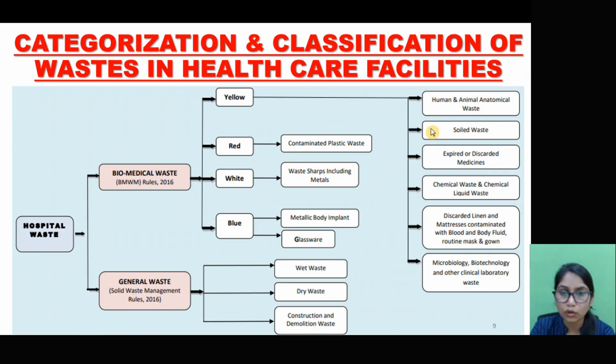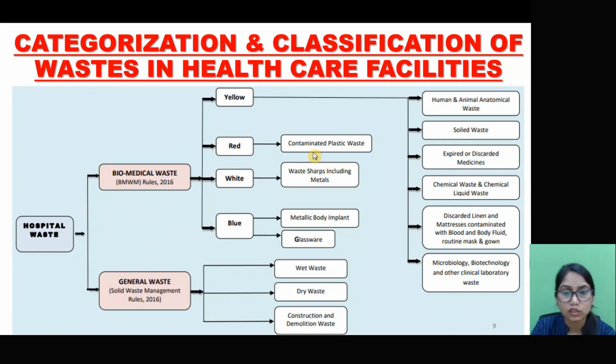Now, in the yellow box, human anatomical waste will be coming, whether it is solid. Basically, there are many types of the waste, microbiology, laboratory, but in the yellow, the human tissues, body fleshes, all these will come.